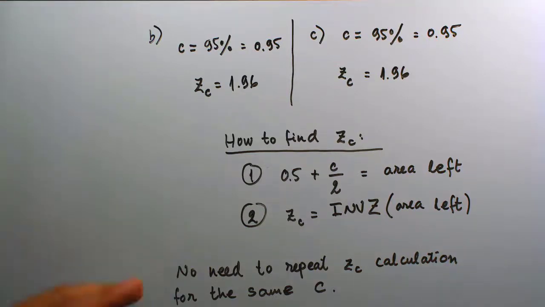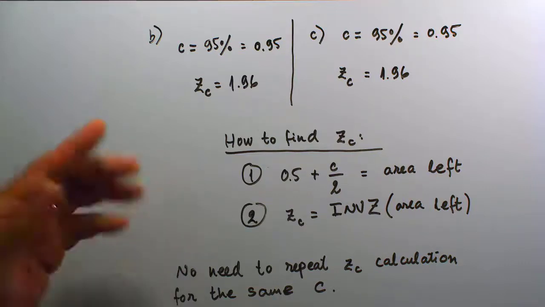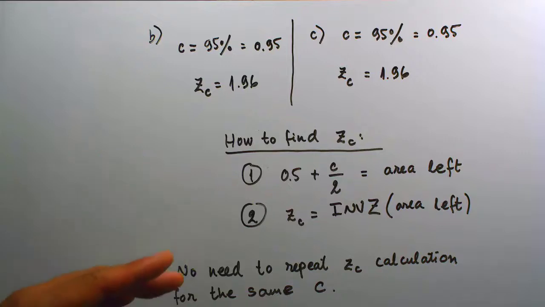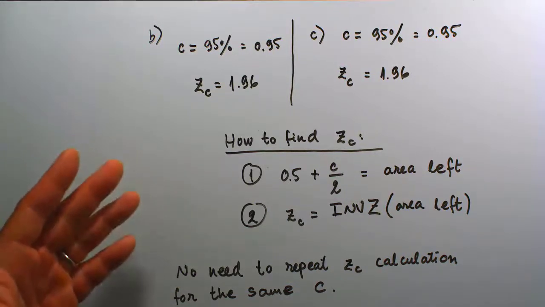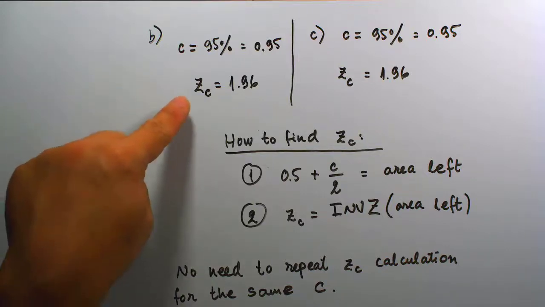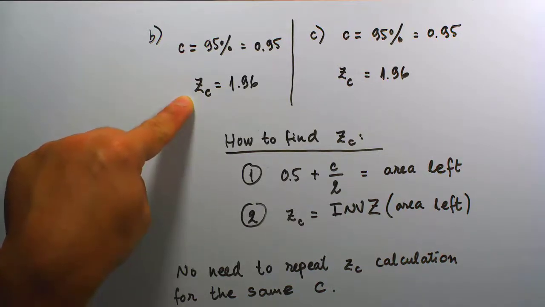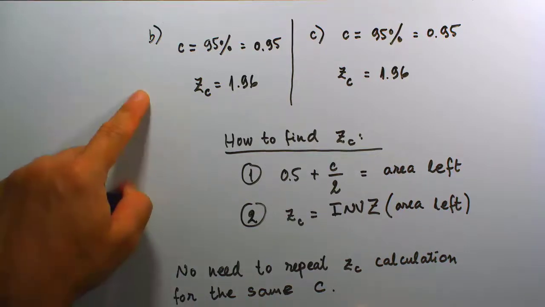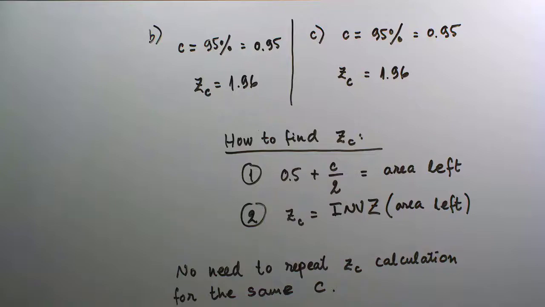If you already calculated the z sub c for some confidence level, and you run into that same confidence level again, maybe a couple of months later in another confidence interval problem, then you can officially use that same z sub c that you calculated, provided you still remember it. That's how you can save yourself some effort sometimes when doing this kind of work.